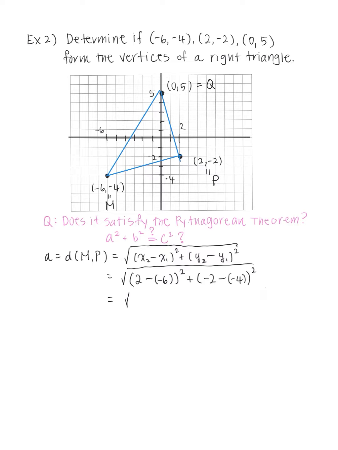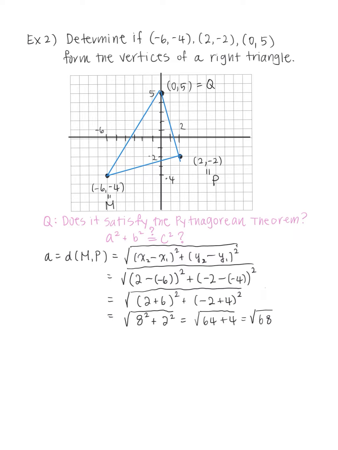We're going to have a square root. So this is the same thing as 2 plus 6 squared, and then plus negative 2 minus 4 squared. All right, so then this becomes the square root of 8 squared, and then plus negative 2 plus 4, that's 2, so you're going to have a 2 squared. Okay, so what is that? 64 plus 4, which is the square root of 68.